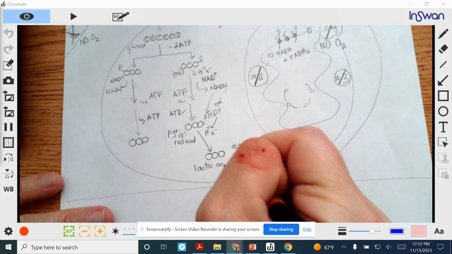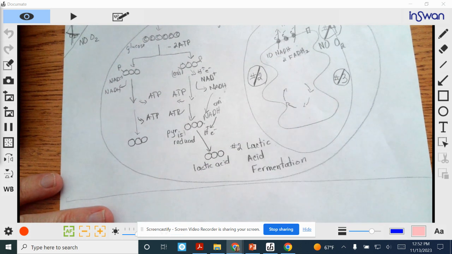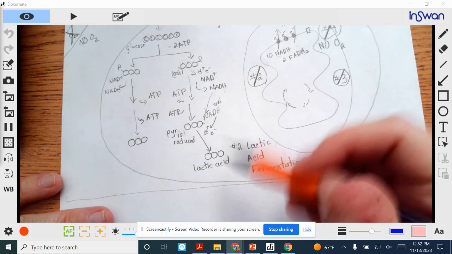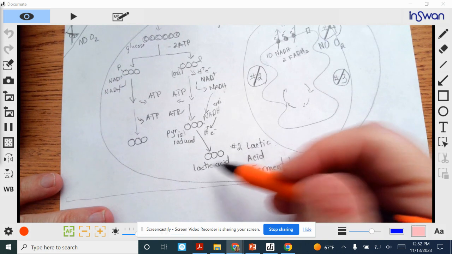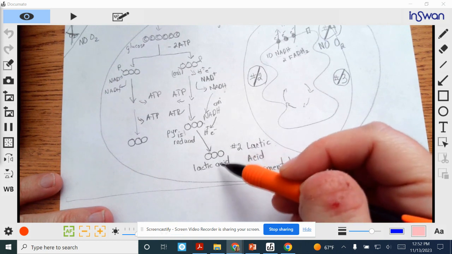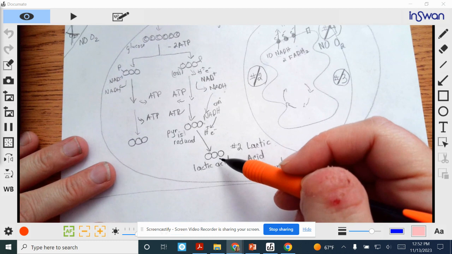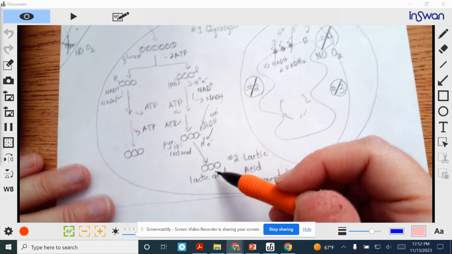Okay? But this is not what the cell is trying to make. This isn't going to benefit the cell right now at this second because it's running low on ATP. It needs ATP.